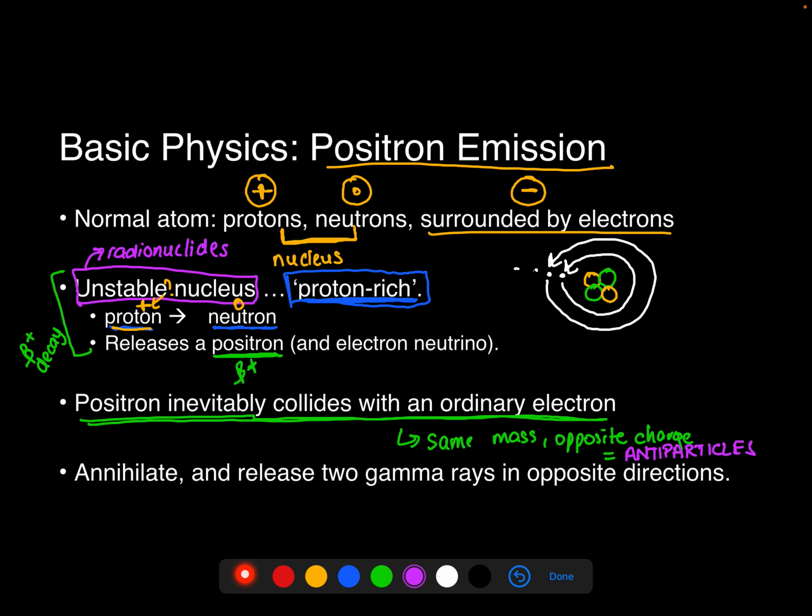And when antiparticles collide, they annihilate, which means they lose their mass and release all of their energy in the form of rays, in this case 2 gamma rays. And these gamma rays travel in opposite directions.